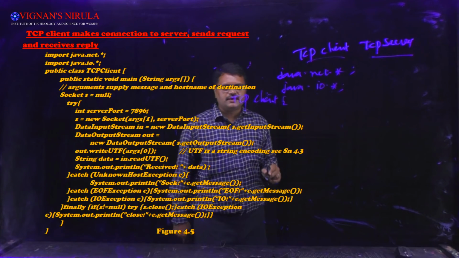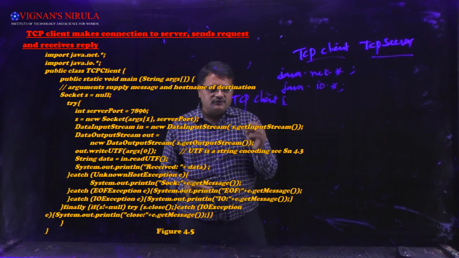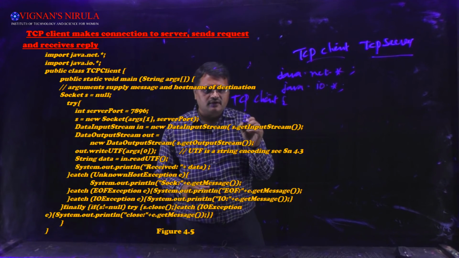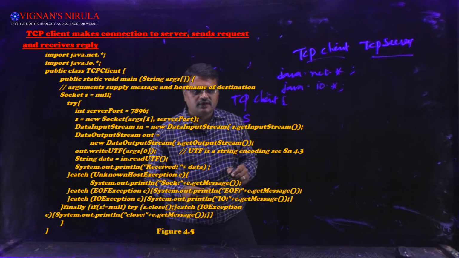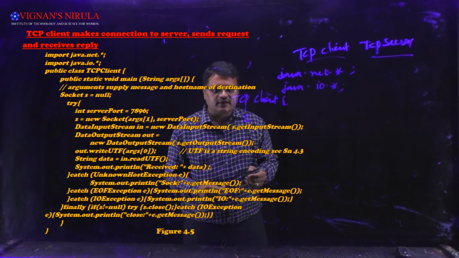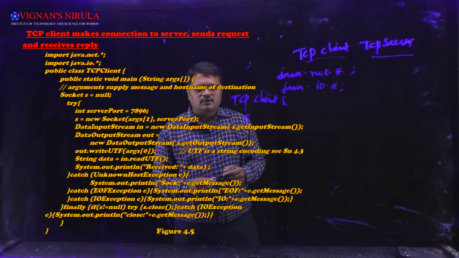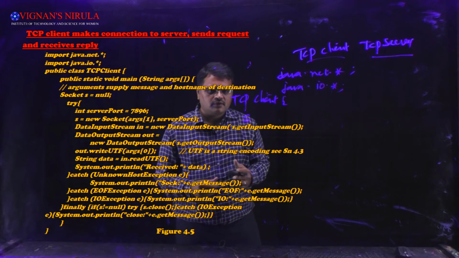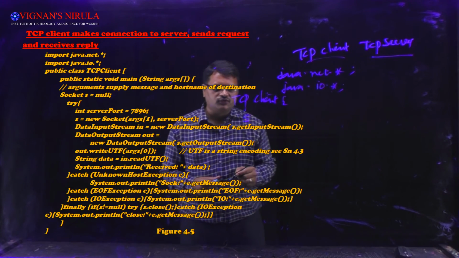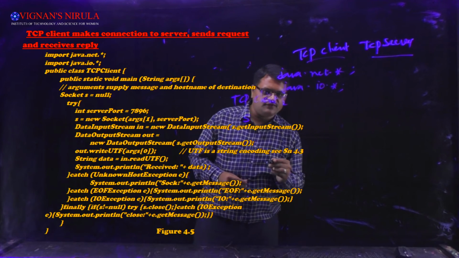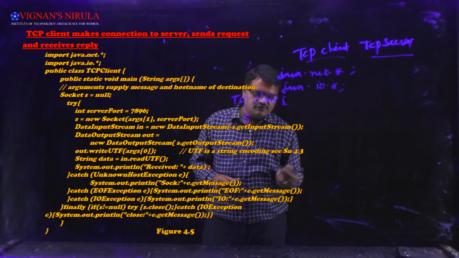Okay, TCPClient, and here we first create a server port as 7890, where we can communicate with the system.